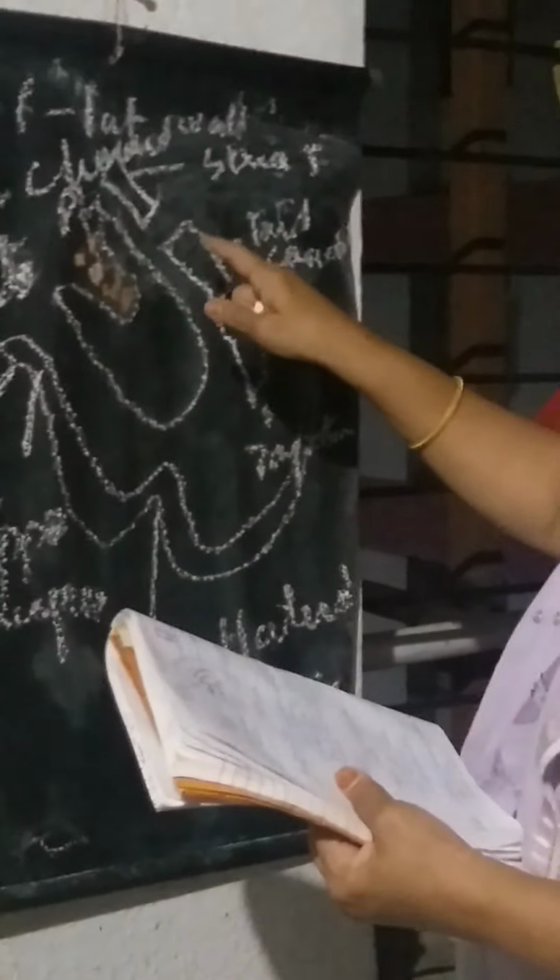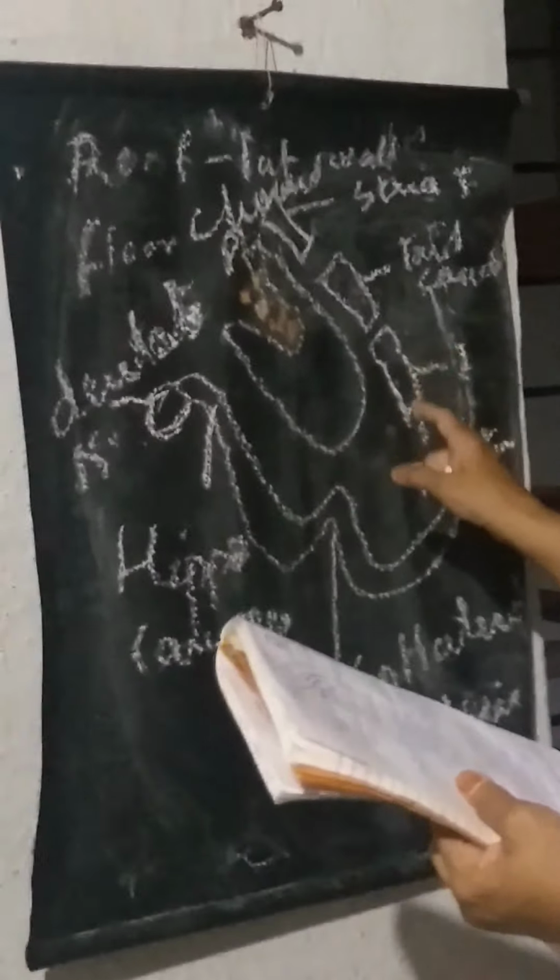So now the inferior horn. The roof is formed by the stria terminalis, the tail of the caudate nucleus, and the tapetum. So these are the three structures forming the roof of the inferior horn of the lateral ventricle. The floor is formed by the choroid plexus, because they extend down, the hippocampus and the collateral eminence of the collateral sulcus.